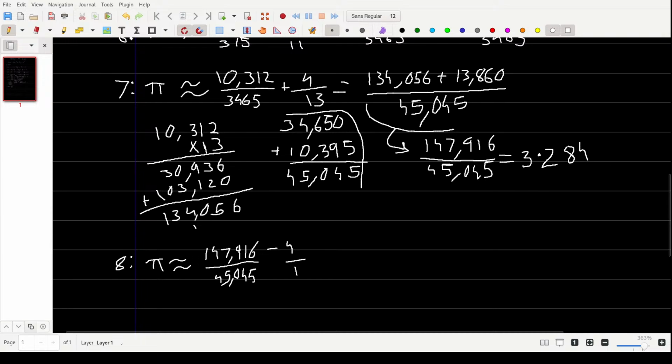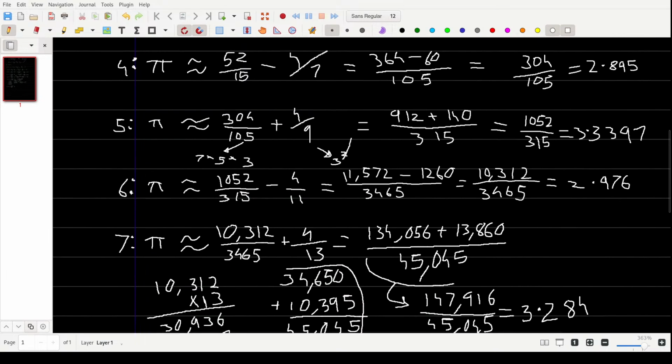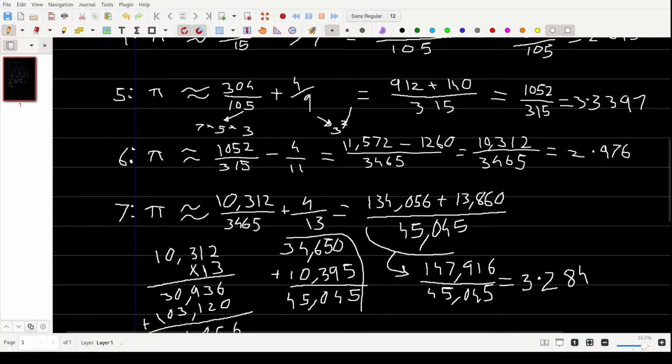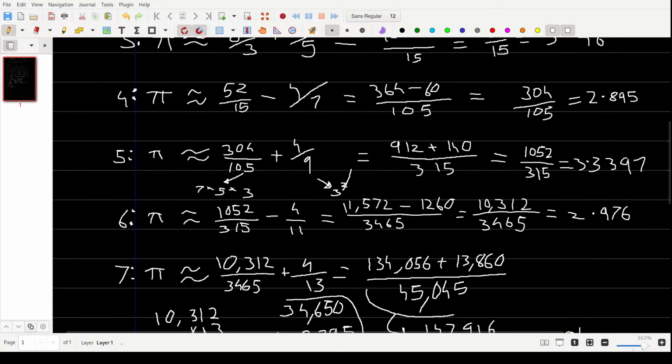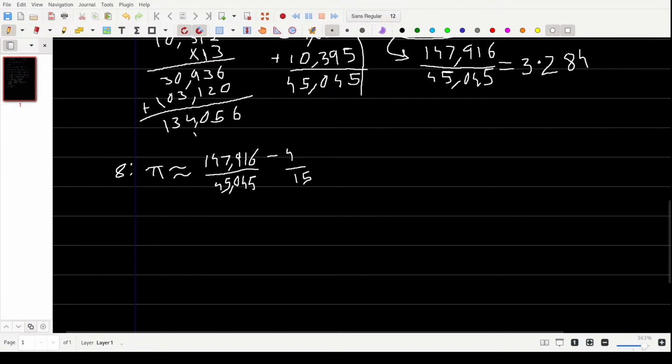This is over 15. So we can factorize this, as I said earlier, because we can see what common factors there are going to be. 15 goes into 3 and 5, so we can get rid of 3 and 5 because this already has factors 3 and 5, being a multiple of all these factors.